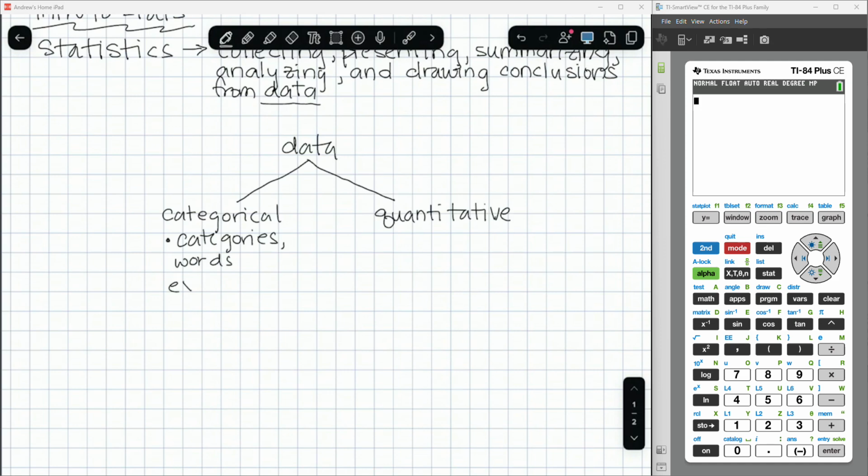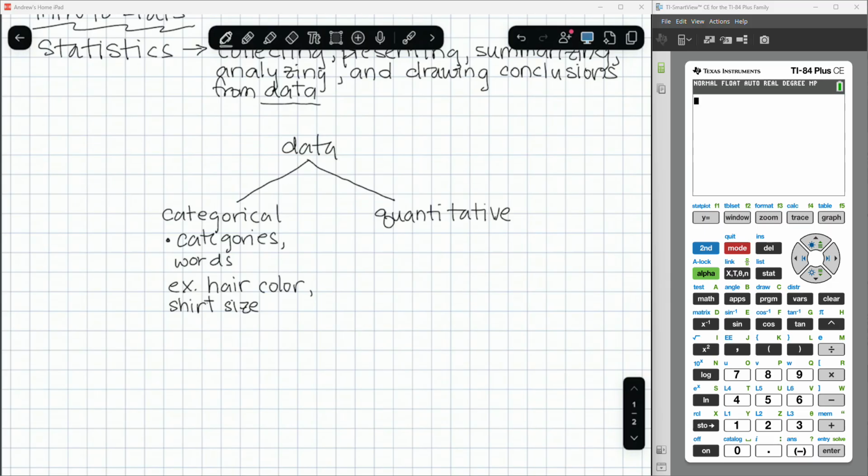So for example, hair color is categorical. Shirt size, small, medium, large, X large, is categorical. Another one that's categorical but might not sound like it is student ID number.